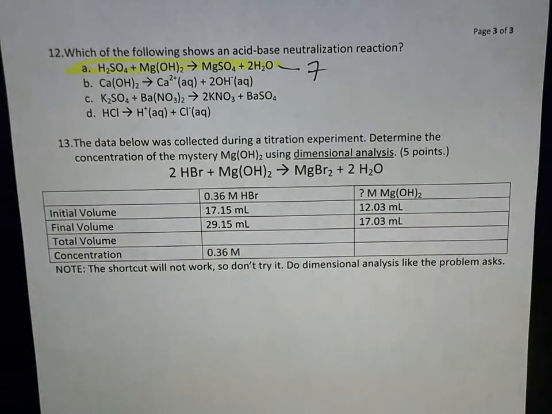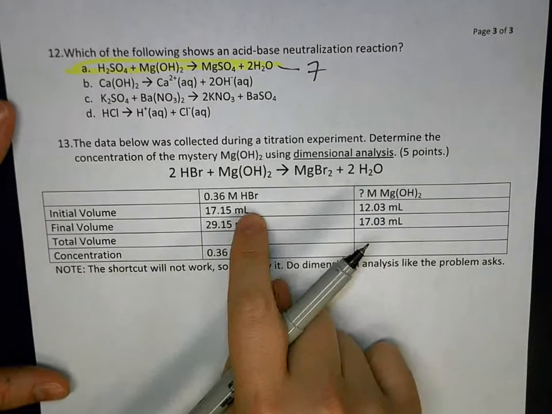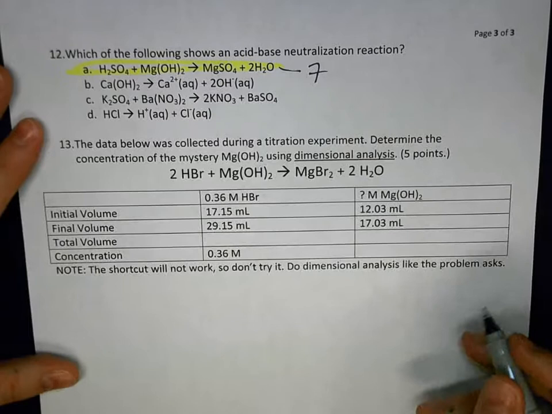Number 13 is a titration. In a titration, you start off knowing the moles of one thing, and you use that to figure out the concentration, molarity, of another thing. First, we have initial and final volume.